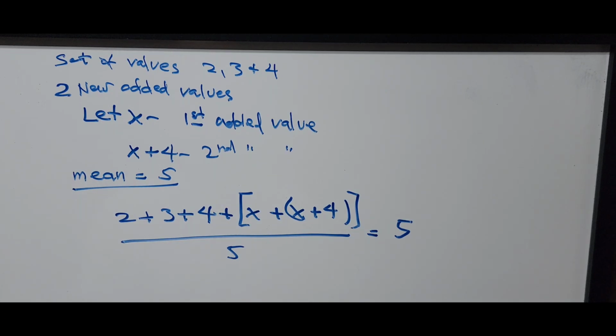Now to solve this equation, we start simplifying. So 3 plus 2 is 5, plus 4 is 9. 9 plus those in parentheses, get rid of the parentheses, or brackets, we call that one. So x plus x plus 4, divided by 5 equals 5.